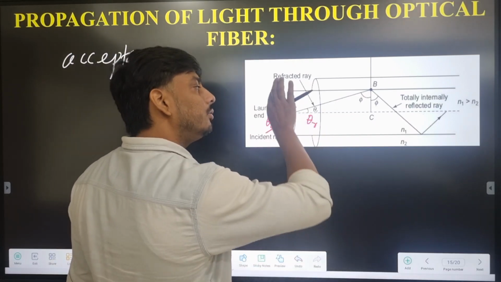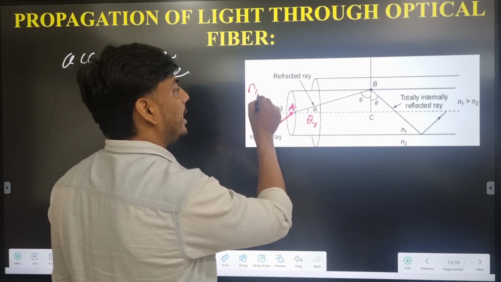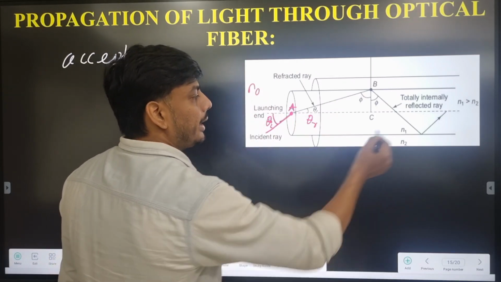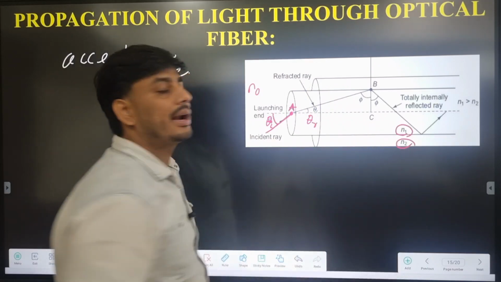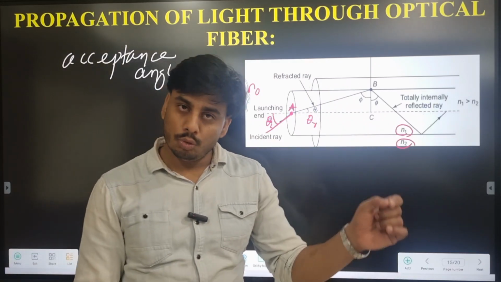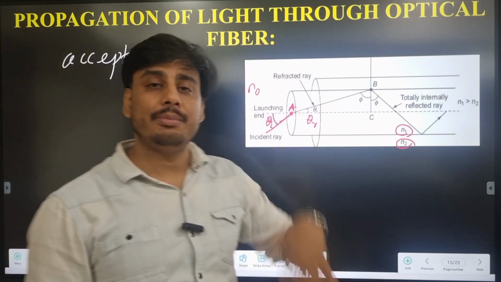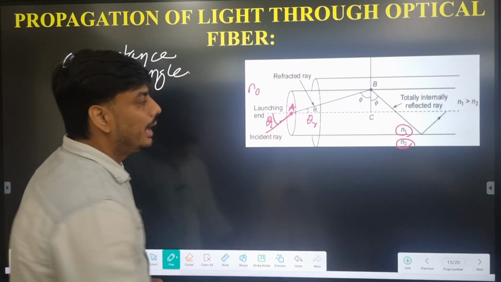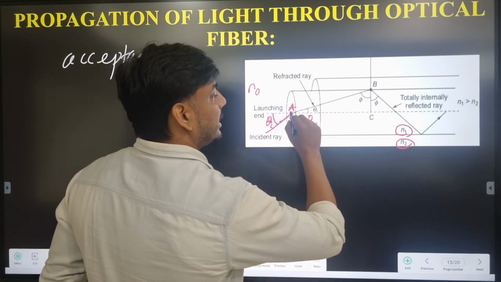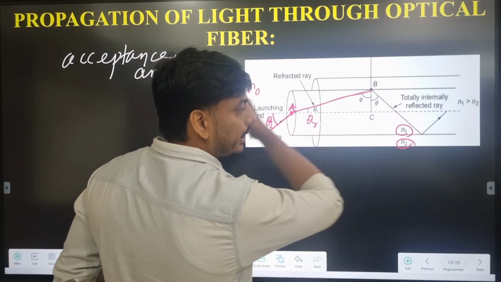The ray slightly bends towards the normal. Outside is air, let for air we write n0. n1 is the refractive index of the core, n2 is the refractive index of the cladding. n0 is the refractive index of the outside medium, maybe air, maybe water, maybe anything else. At A it strikes, then it goes towards point B, and here again it reflects.